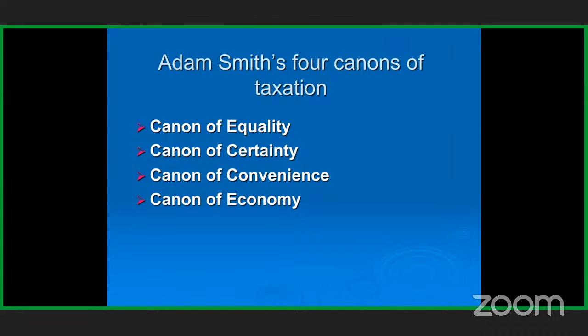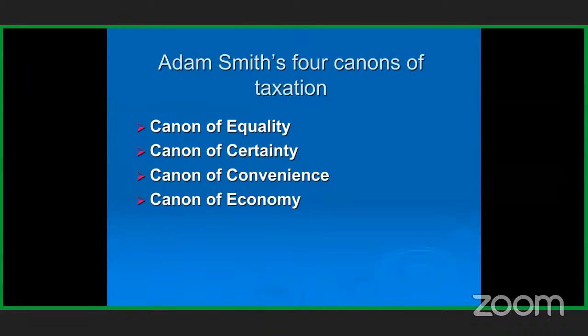You remember this? As per the canon of equality or equity, the burden of taxation should be in accordance with the benefits received by the people from the state. It is understood that people who enjoy the benefits pay the taxes. So it is known as canon of equity.